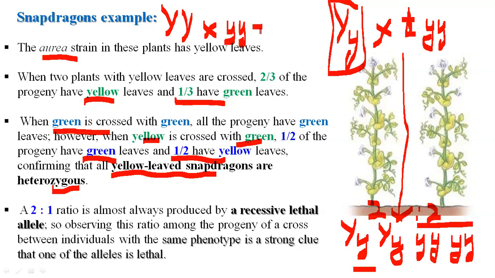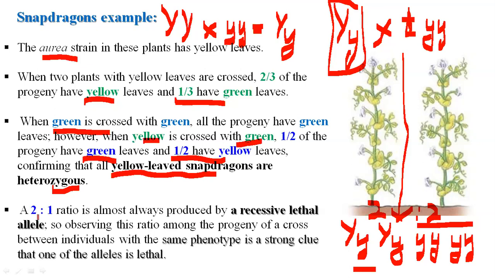All of them will be capital Y and small y, all heterozygous, but there will be no green. If there is no green, then we can say it was pure homozygous dominant, capital Y capital Y. But if we find this ratio, 2:1, then we know it is heterozygous, capital Y small y. So they found that it is heterozygous.